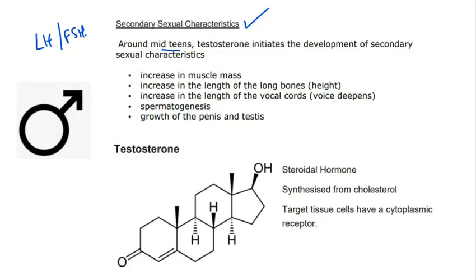Happening in the mid-teens, the changes are initiated by testosterone, and that testosterone is produced from the testes, in fact in a group of cells called the Leydig cells, which are the target of the hormones that we've discussed. And as with many hormones, there are multiple targets for testosterone as shown here. You do not need to learn the structure of testosterone for the examination, but one should be aware that it is a steroidal hormone.